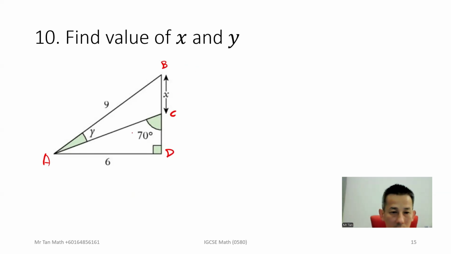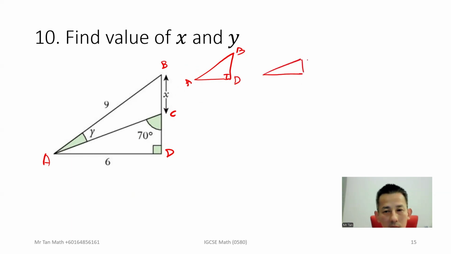So right angle triangle, you can either have A, B, D, or A, C, D. Okay. And then you have here is 70, is 6.